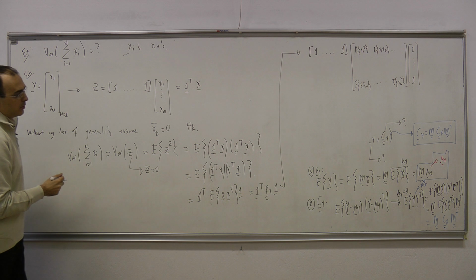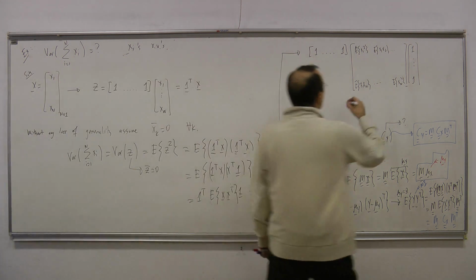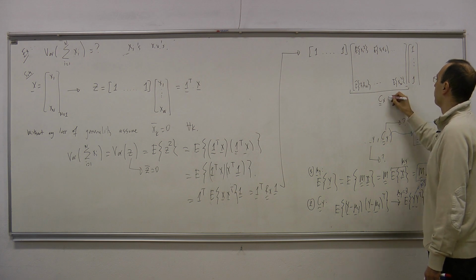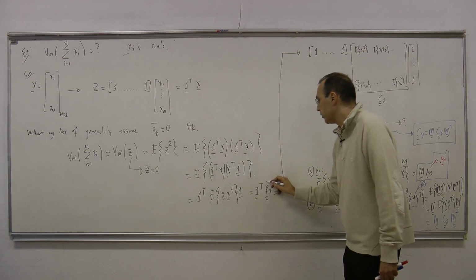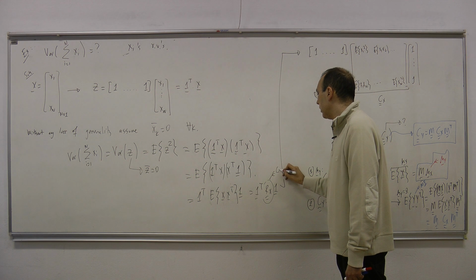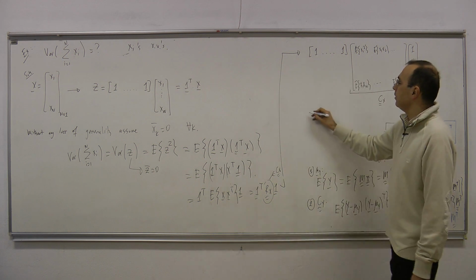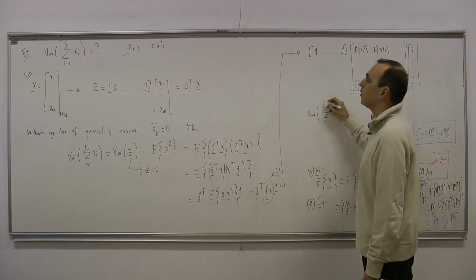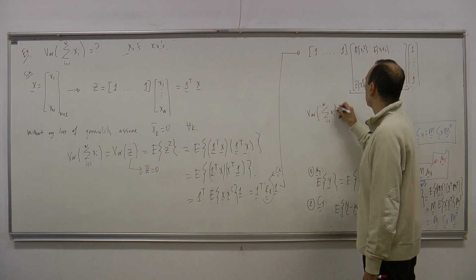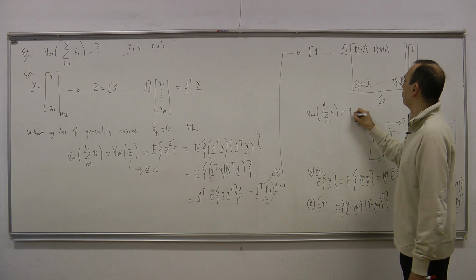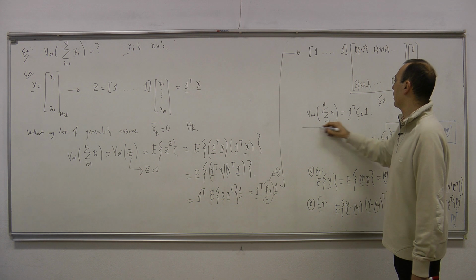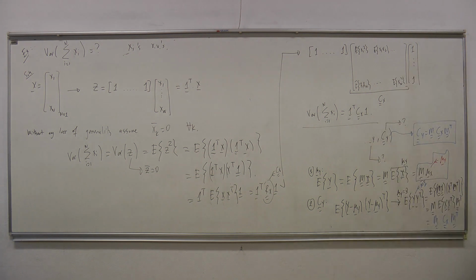If these random variables are not zero mean, then instead of this Rx matrix, I'll be writing the Cx matrix, and the final result is that the variance of the sum of xi, i from 1 to n, is 1 transpose Cx 1. That is it.